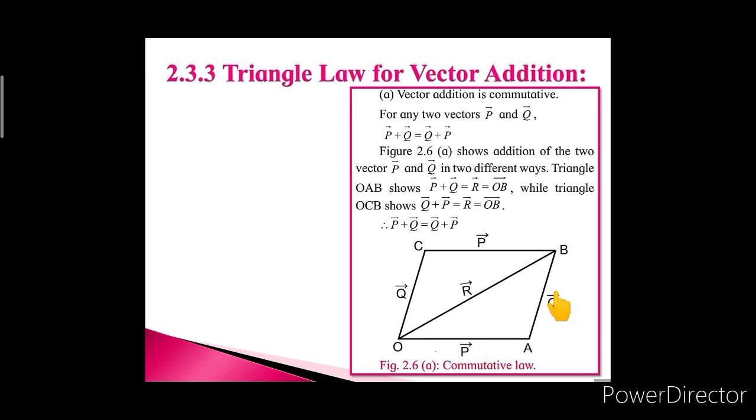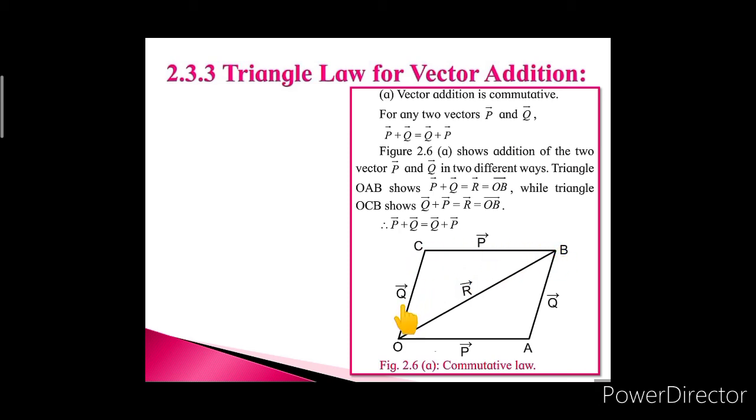When we add in another way, vector Q, which is the side OC of the triangle, is added with vector P, which is the side CB.